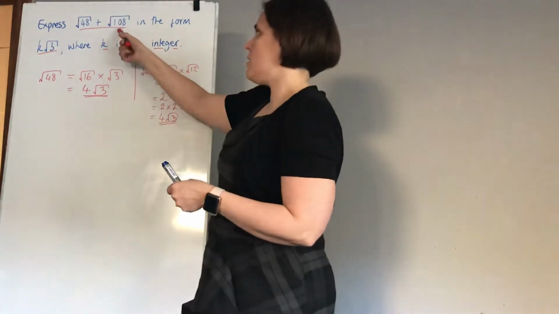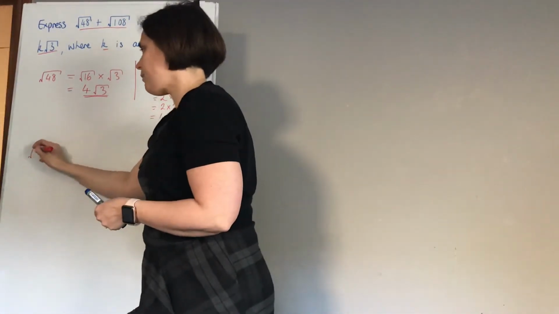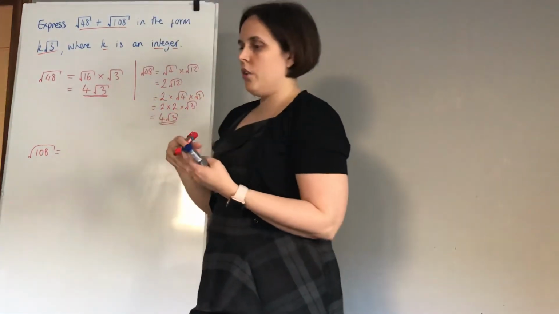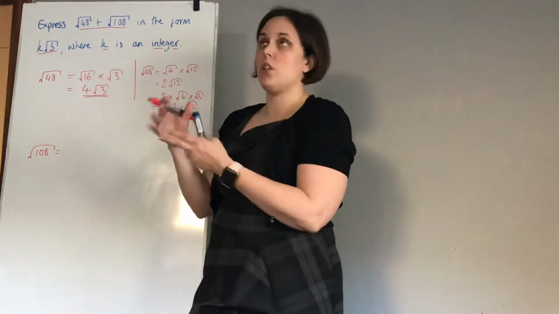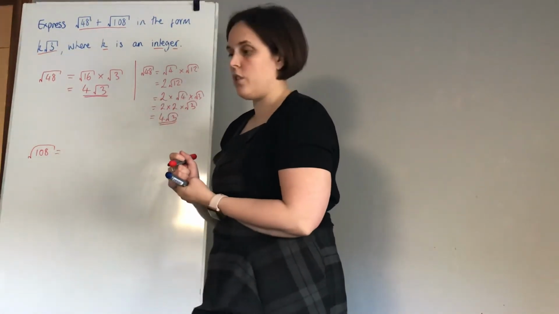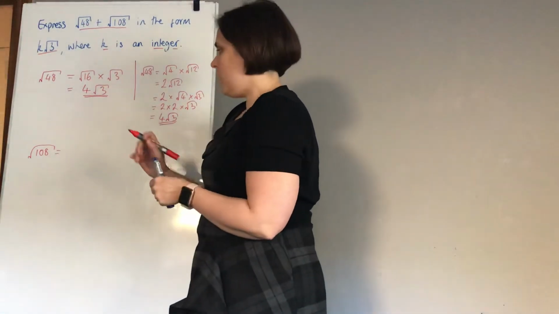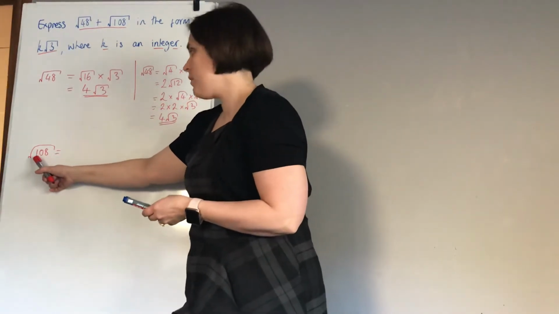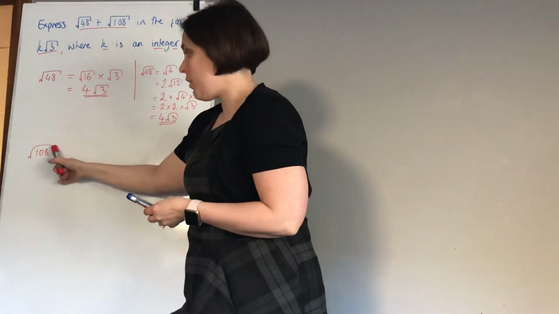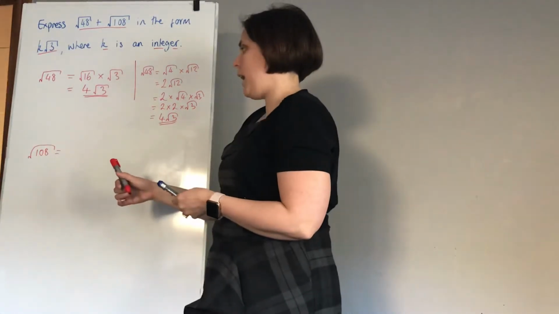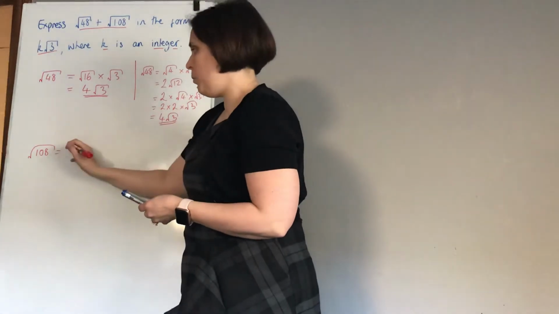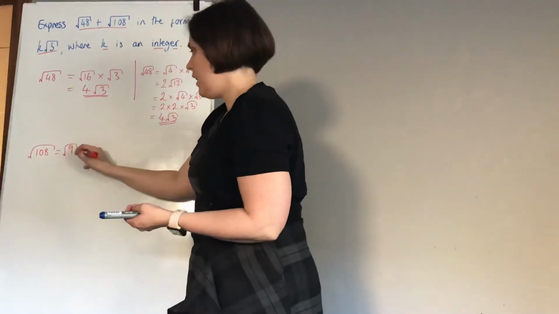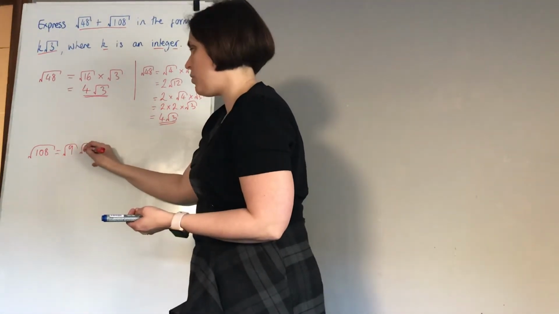Okay. The other surd we've got is 108. I'll let you play around with this in your own time. There are 2 square numbers that will go into 108. One, for example, would be 9, and another one would be 4, and we can use those numbers to get to our answer. If we use 9, it's root 9 times root 12.